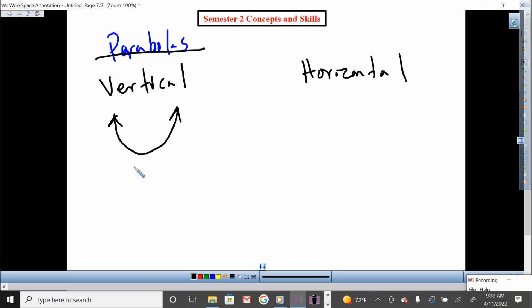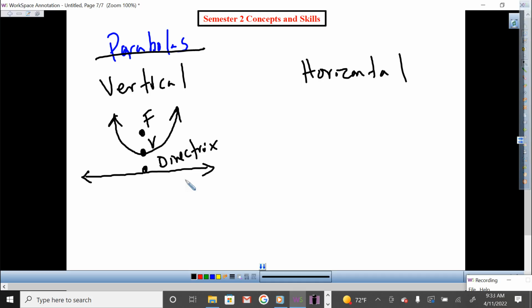I'm going to start with upward. But in order to get a parabola, we need a curve and we need a straight line down here, because according to the definition, we need a focus. I'm going to put F for focus, here V for vertex, and here D for what? Directrix.